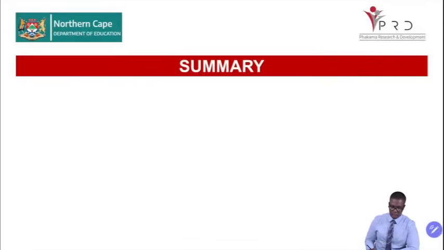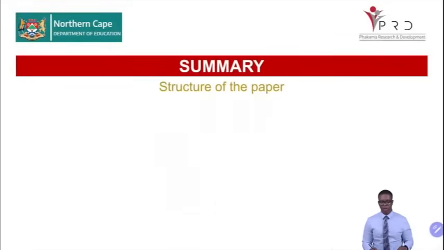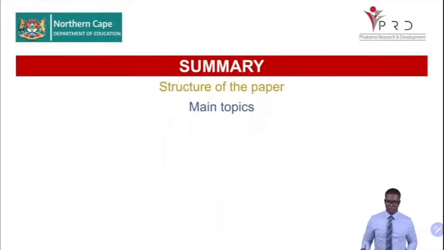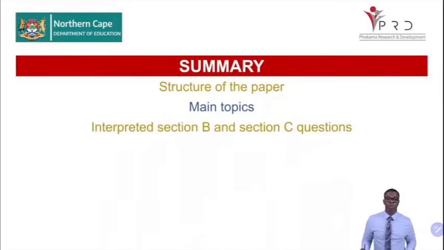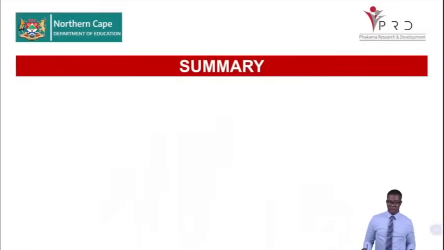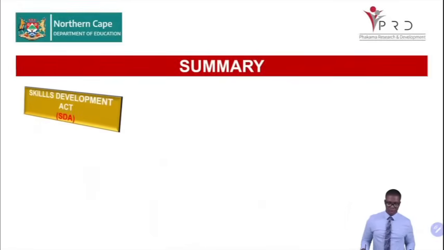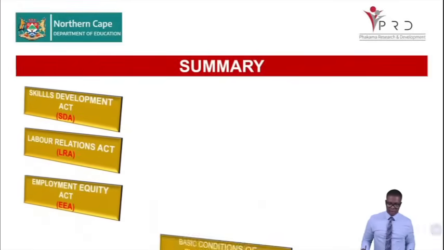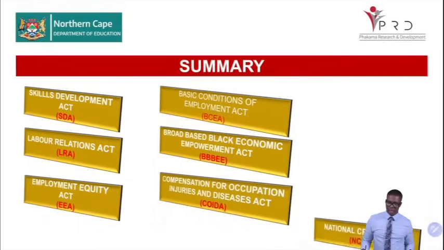And then, with that being said, we now look into the summary of our lesson, where we looked into the structure of the paper, we looked into the main topics, and also interpreted section B and section C to say how should we go about interpreting that for the business environment. And we also looked into the legislations to say how should we go about answering them.